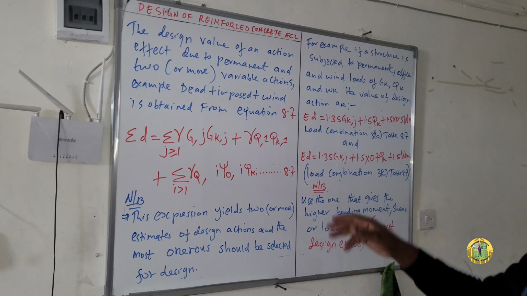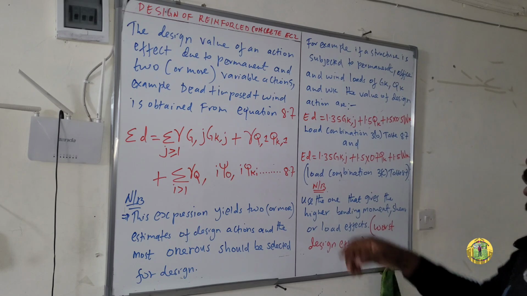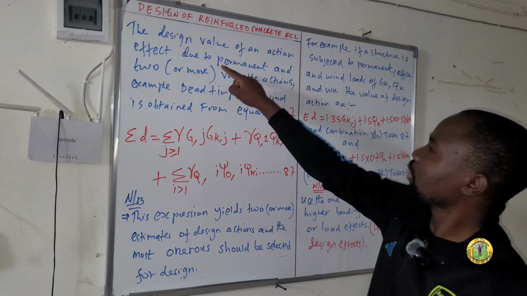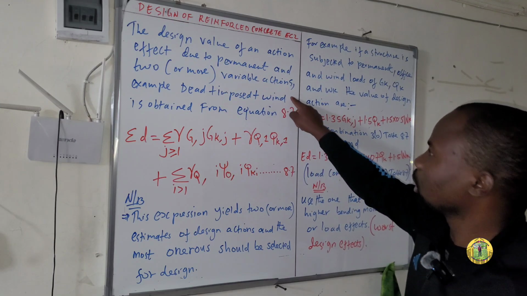We now want to see three combination loads or actions, which may be permanent and two or more variable actions. The two or more variable actions can be the wind action or the live load action. So the design value of an action effect due to permanent and two or more variable actions.